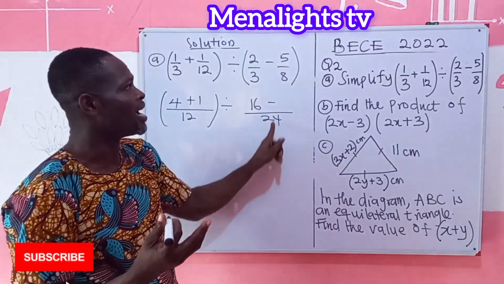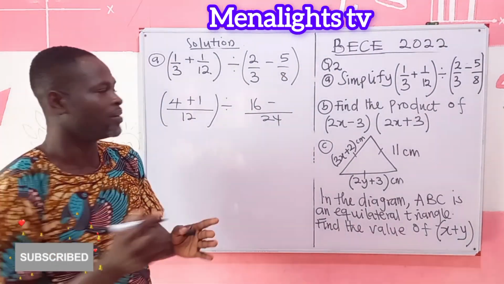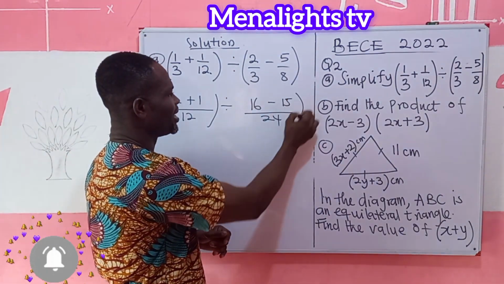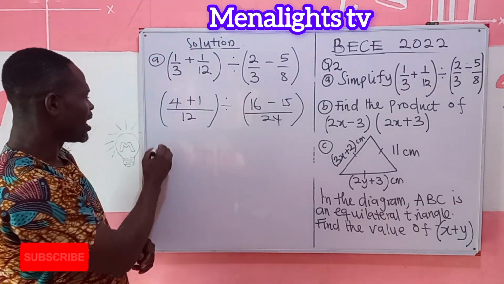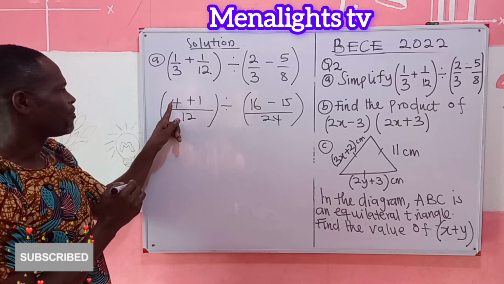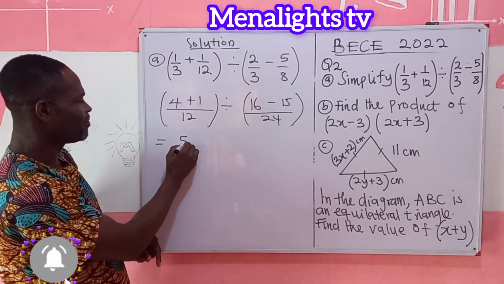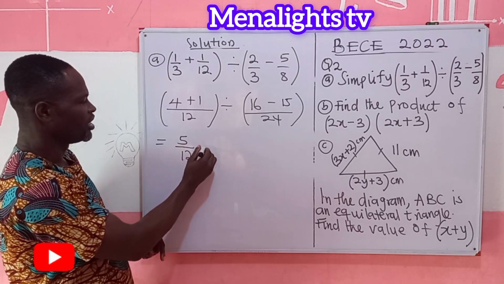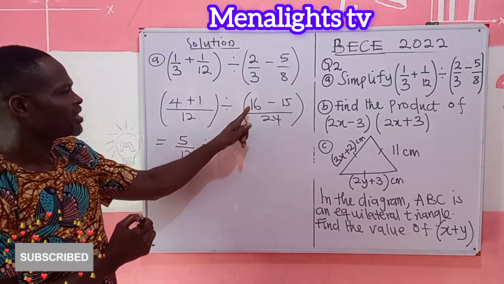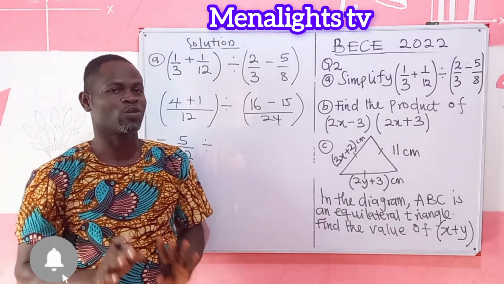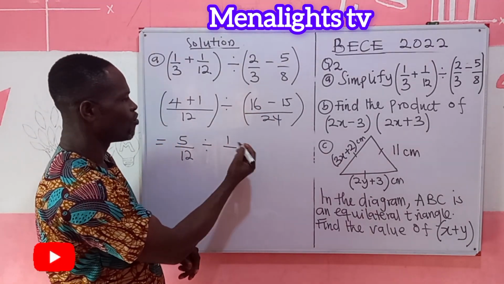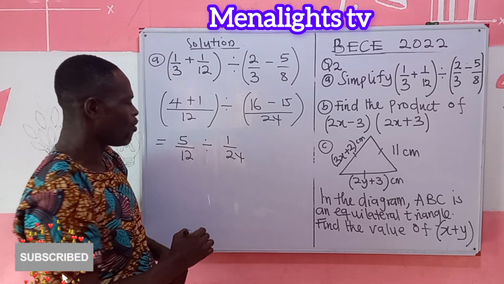So the 3 times 5 will give us what? 15. So we have the 15 here as well. So now that we have this, the 4 plus 1 will give us 5 over 12. Then divided by 16 minus 15, which will give us 1. So that's 1 over 24.